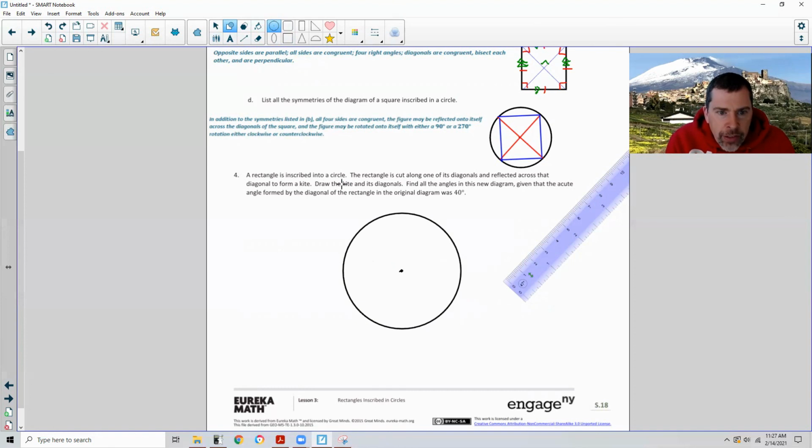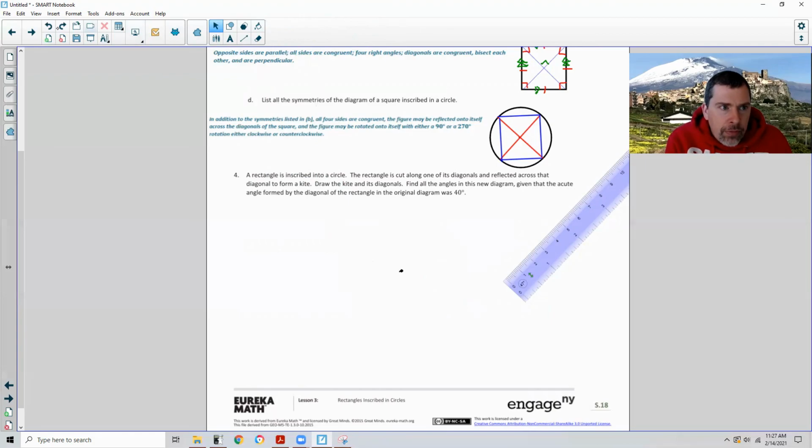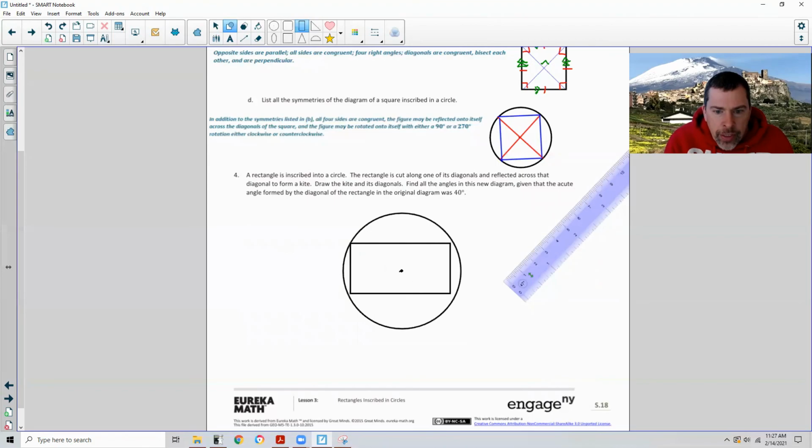A rectangle is inscribed into a circle. Okay, I'm not going to construct another one. We've done that in this lesson. I'm just going to create a rectangle. So I will pick rectangle and draw a rectangle just using my program so that it fits inside the circle.